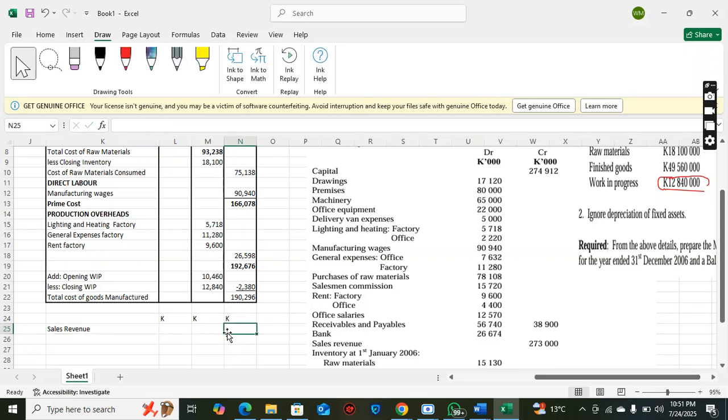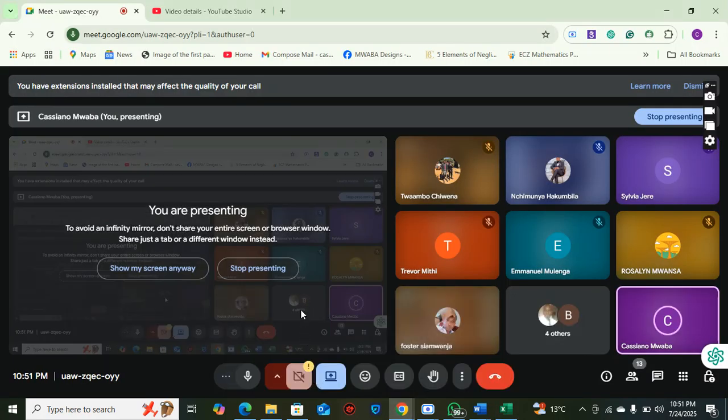Do we have any return inwards? Oh yes, thank you, Mr. Foster. Yes, colleagues, you have to put those titles. It's very important.